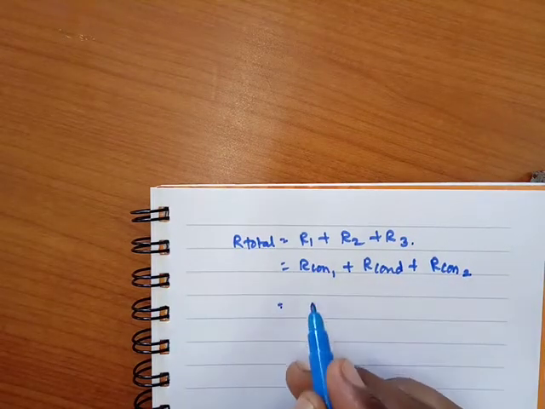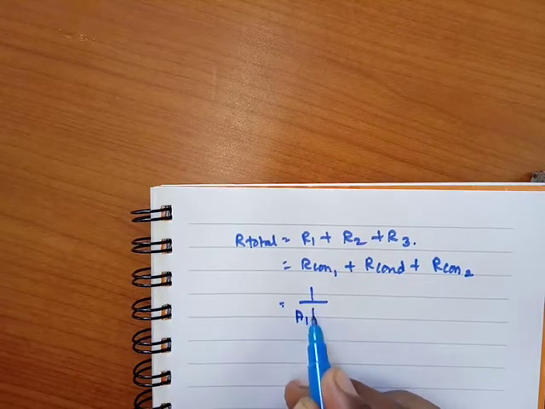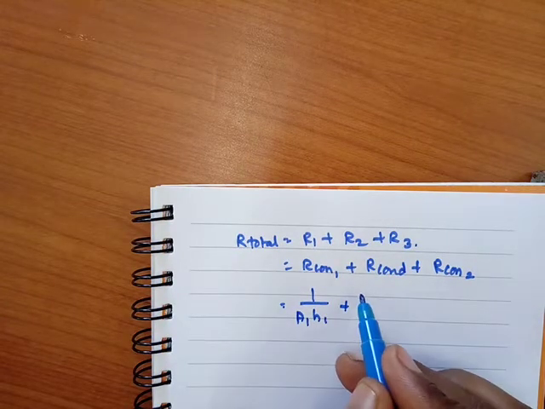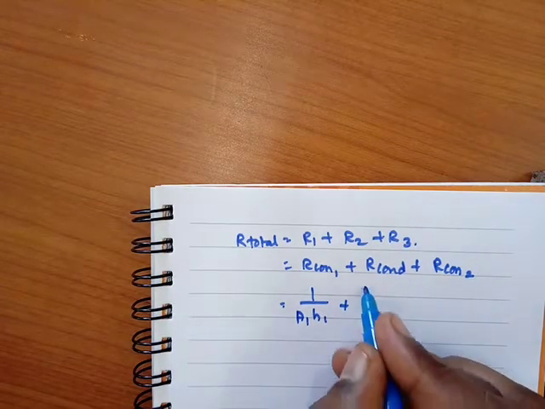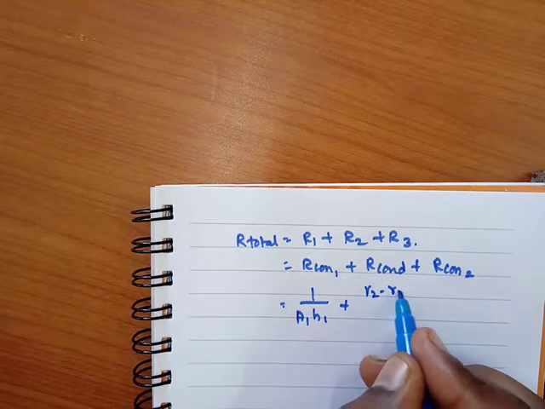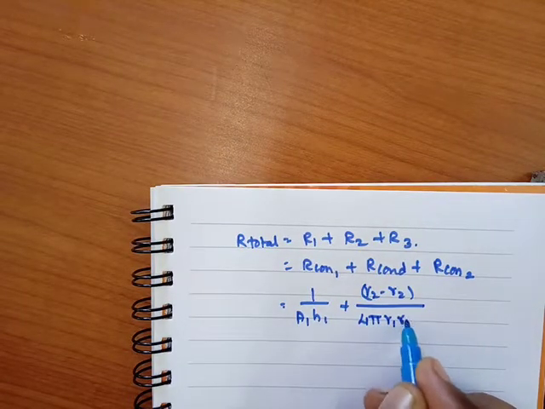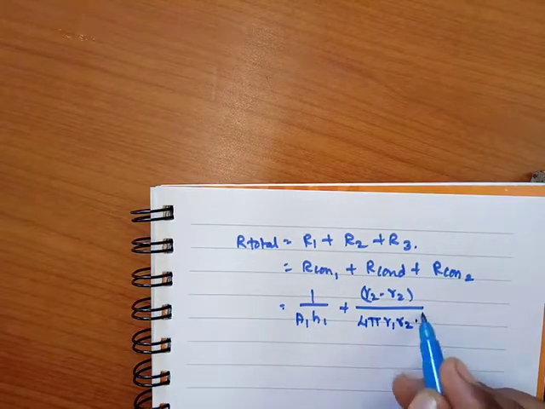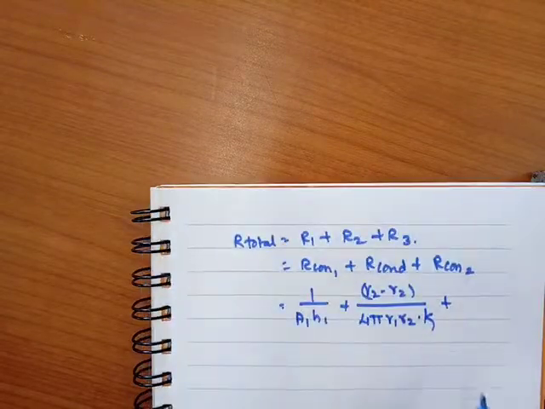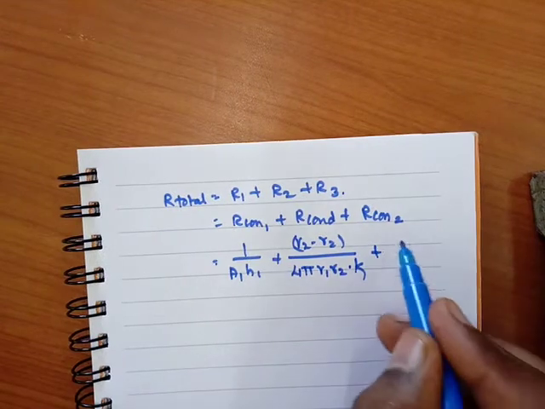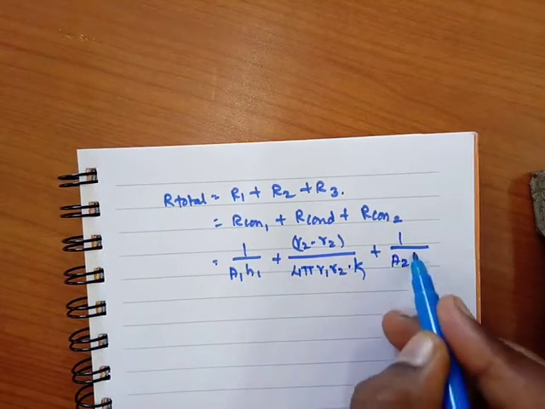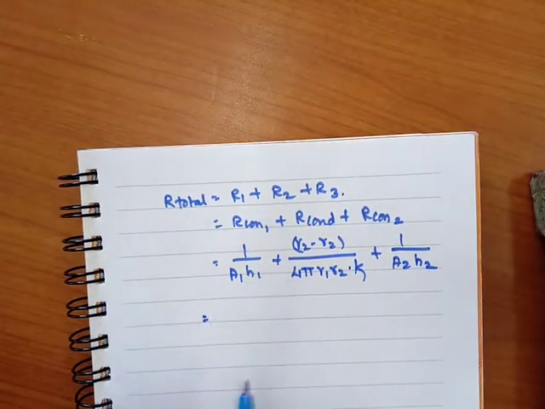Okay, so here again the same, 1 upon A1 H1 plus, R conduction is R2 minus R1 divided by 4 pi R1 R2 into K, plus 1 upon A2 H2.